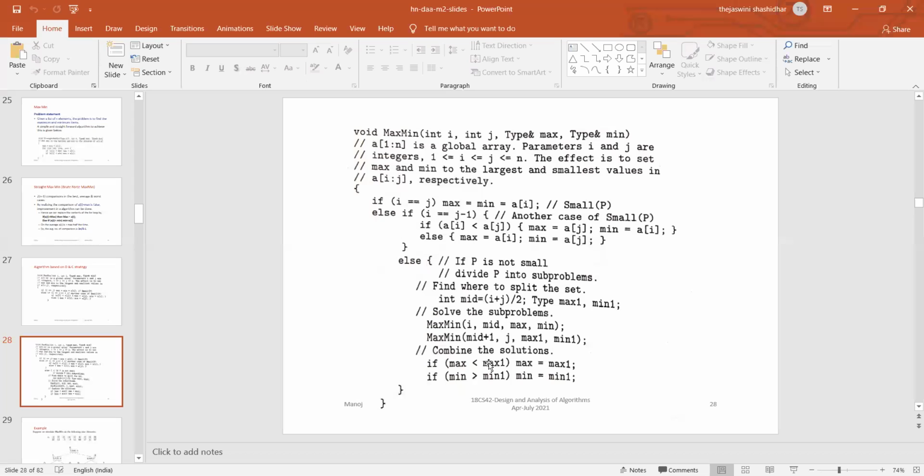Okay, so max is from the left part. So ultimately, you take it as the left part, and mid plus 1 to J, you take it as the right part. The left part gives max and min, the right part gives max 1 and min 1.